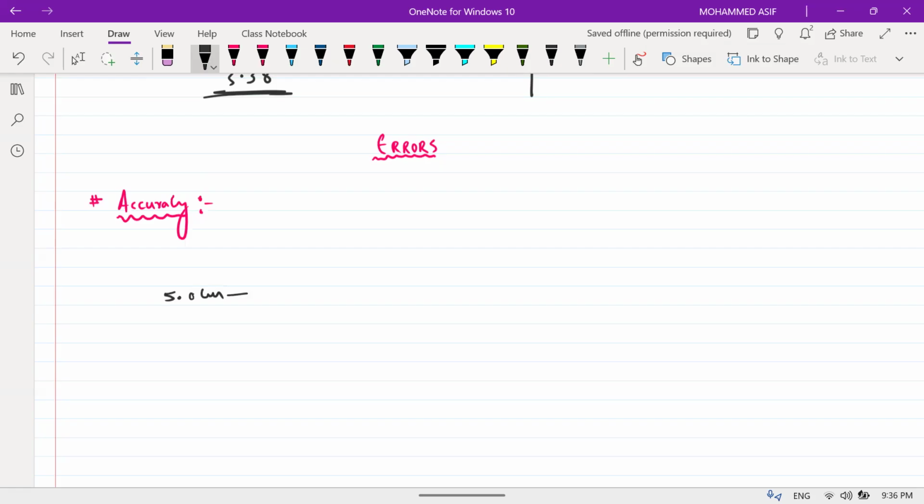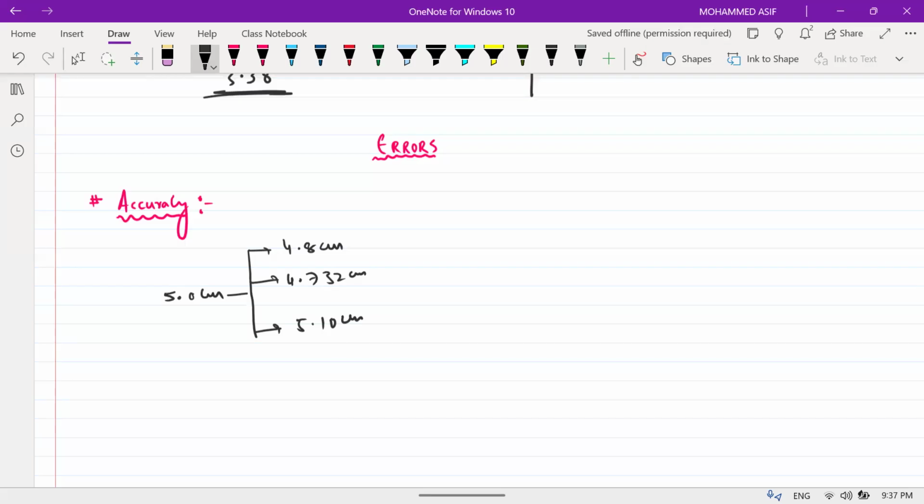When I'm doing an experiment, if I get a value like 4.8 centimeters, 4.732 centimeters, or 5.10 centimeters, isn't it? Now, accuracy means it is the measure of how close the measured value is to the true value.